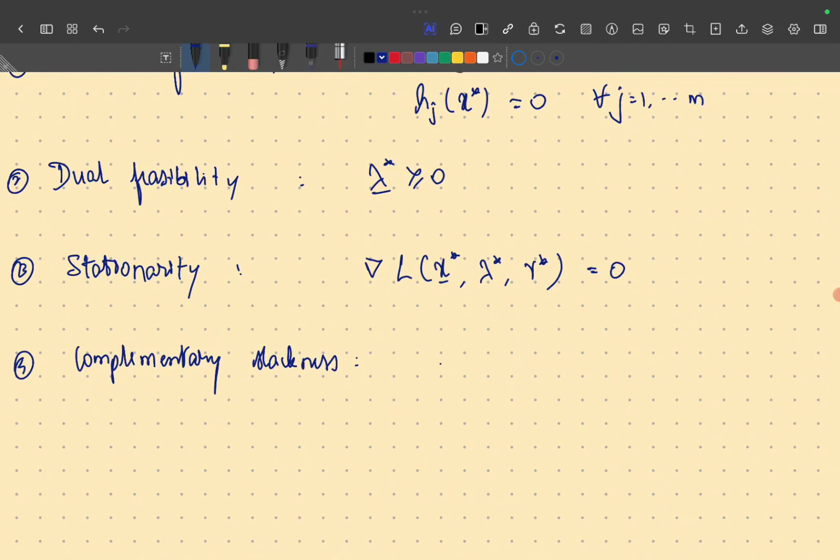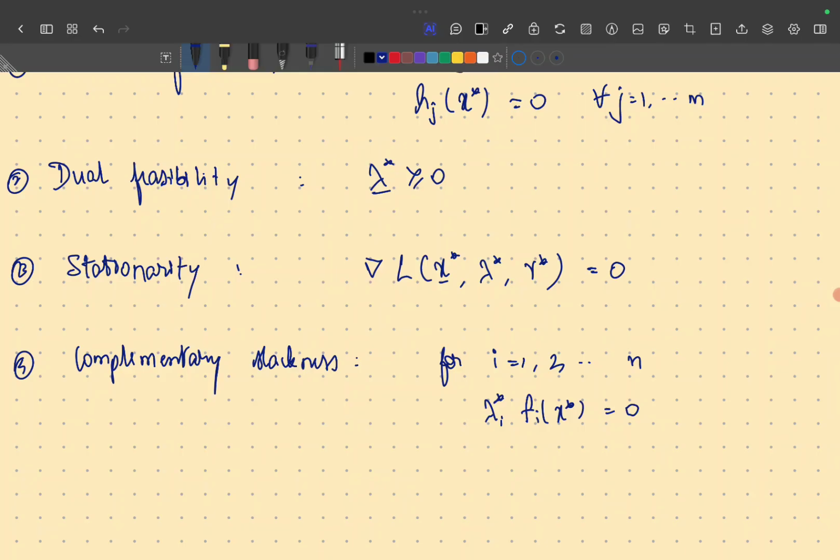Which says that for i equal to 1, 2, 3 up to n, lambda i star times f_i of x star should be equal to 0. Remember that lambda i should either be greater than or equal to 0 or f_i of x.